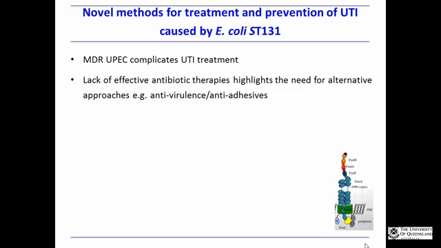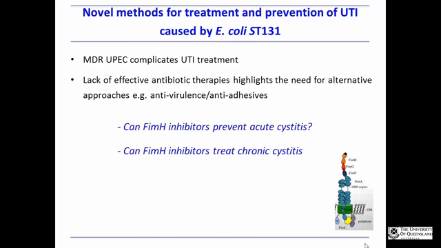And this is a molecule that actually binds to the FimH adhesin that I've already described to you. So we asked two questions. We said, can these inhibitors of FimH prevent acute cystitis, and can they treat chronic cystitis?